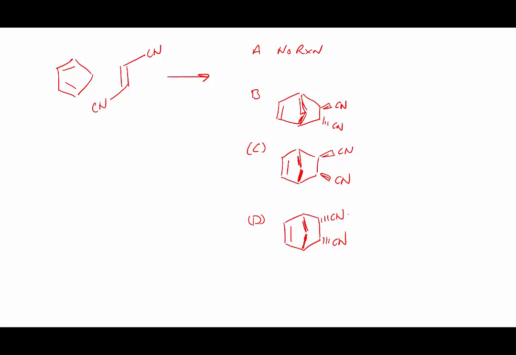What that means is that for a normal acyclic diene, there are 2 conformations that the diene can exist in. If it's not cyclic, it can exist in these 2 conformations.